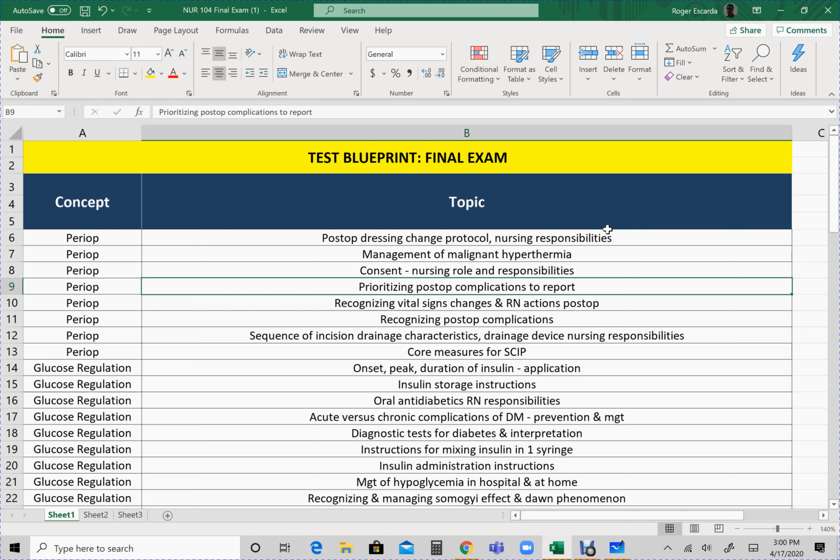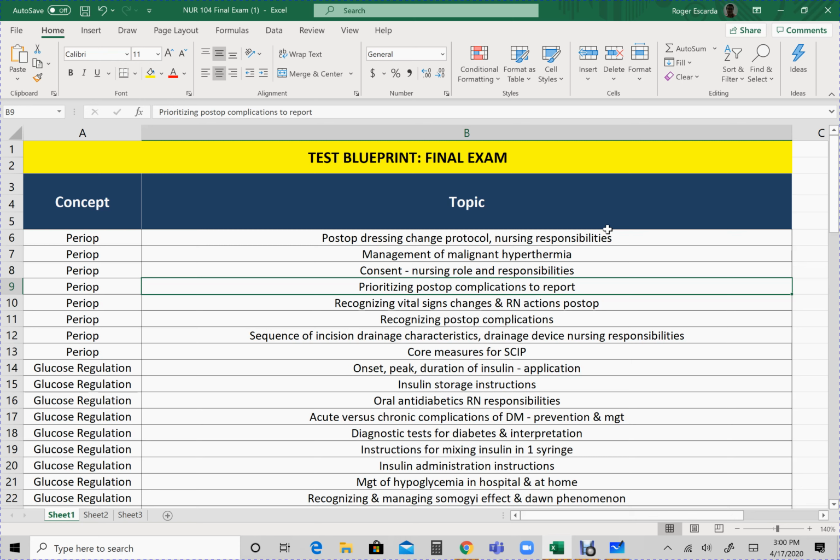Next is prioritizing post-op complications to report. So this is prioritization, and post-op complications are listed by system. So again, your rules for priority is either ABC.